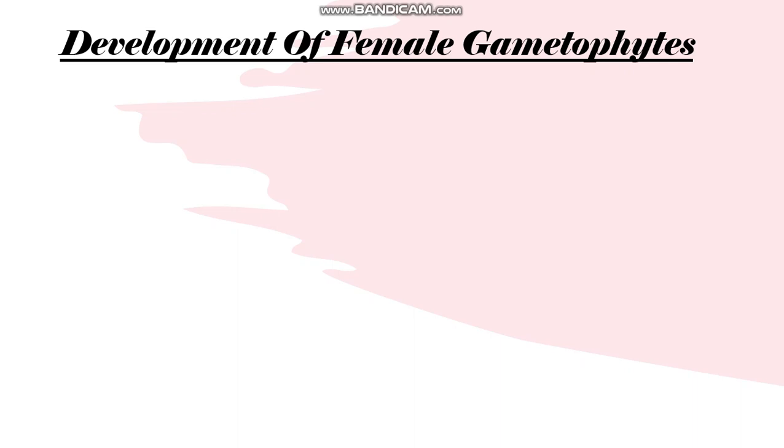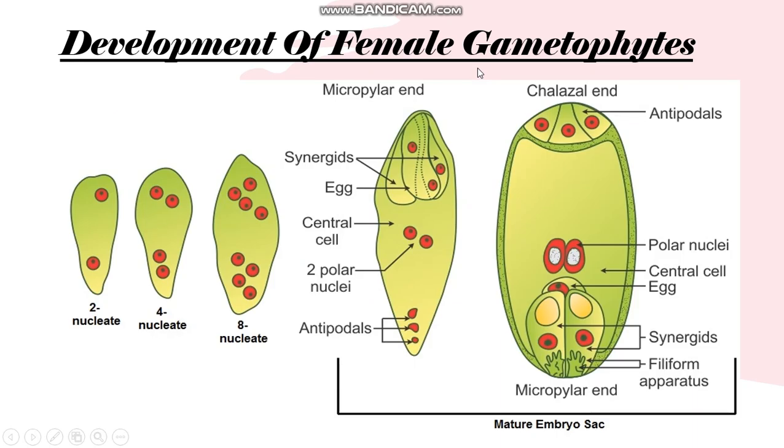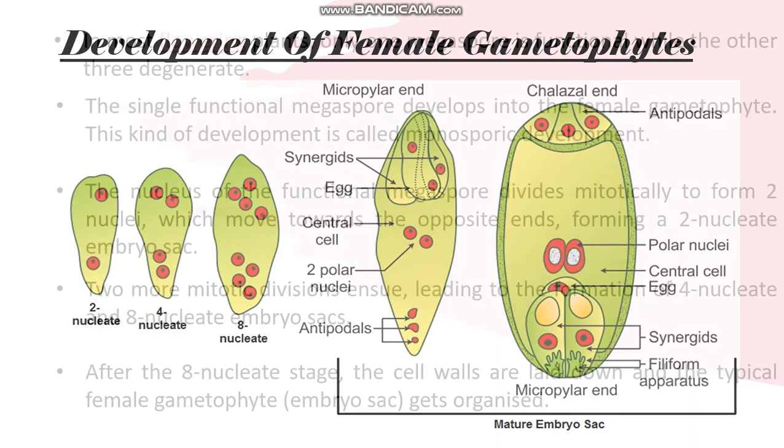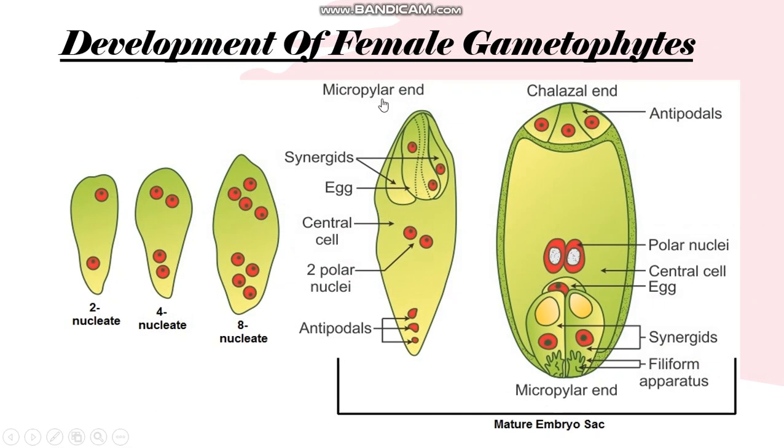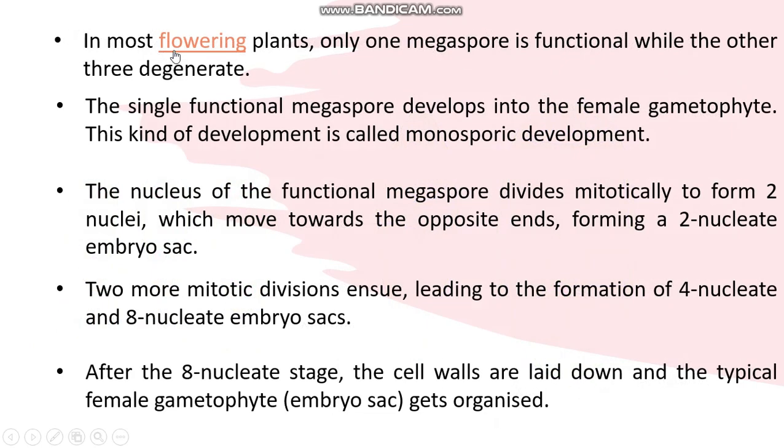That megaspore then develops into the female gametophyte. So first of all, we find that one single functional megaspore is going to develop into the female gametophyte.